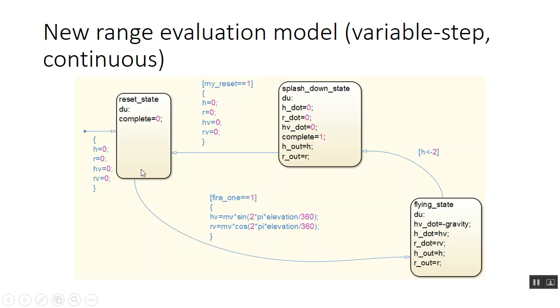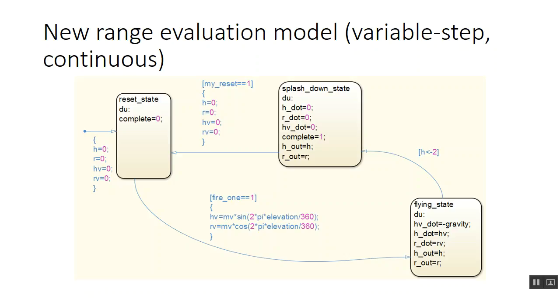And then when fire 1 happens, it creates HV, it assigns the value of the horizontal velocity to these things. That's during the transition, when fire 1 happens.